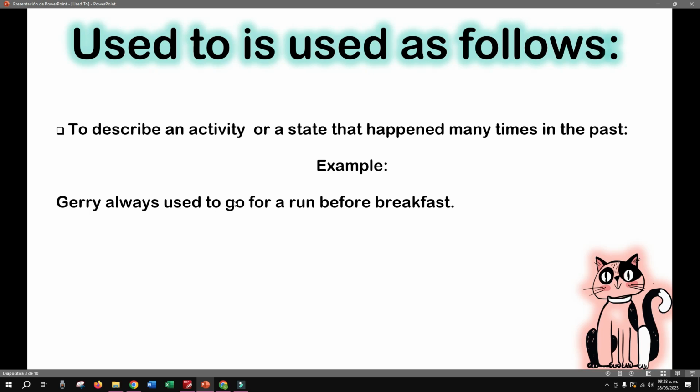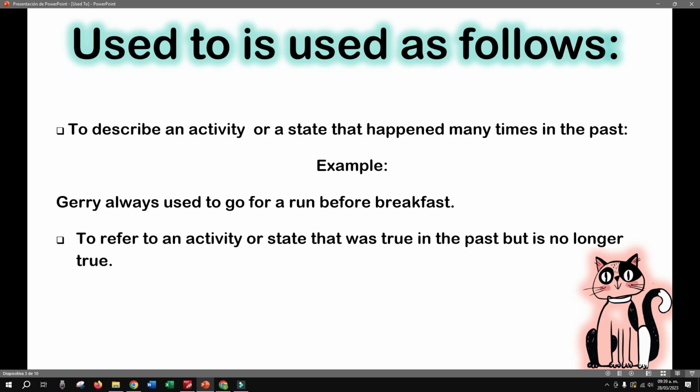Used to go for a run before breakfast. That's an action that Gary, we can say, always did before breakfast in the past, right? Maybe he used to run three, four, or almost the whole week before breakfast. And that is a regular action that happened in the past many times, right?